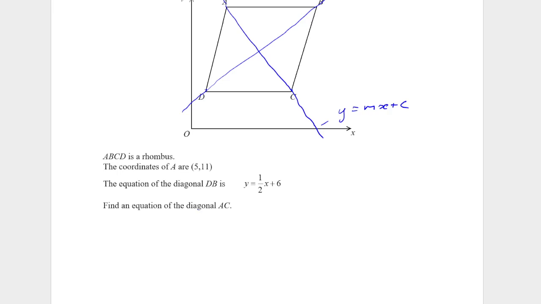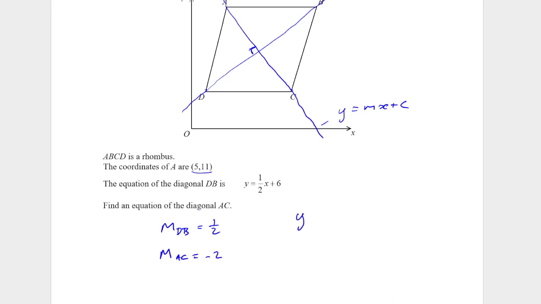Okay, so we've got the coordinate that it passes through, and we've got the perpendicular gradient. These would cross at 90 degrees. So the gradient of DB is equal to a half. So the gradient of AC is going to be the negative reciprocal, so it would be minus 2.